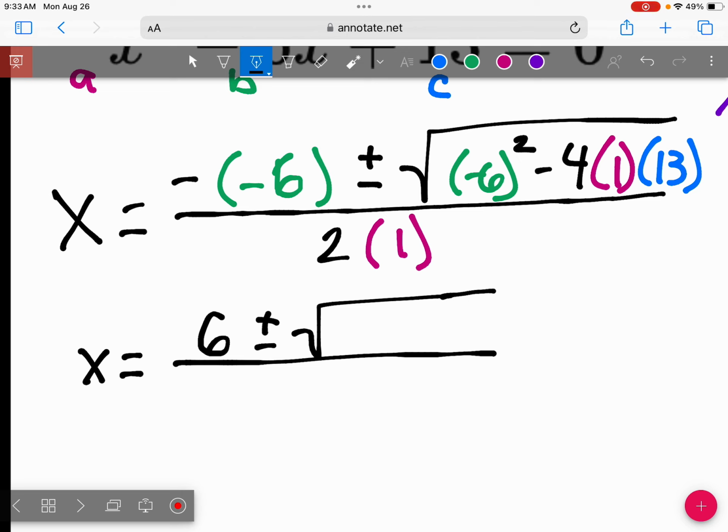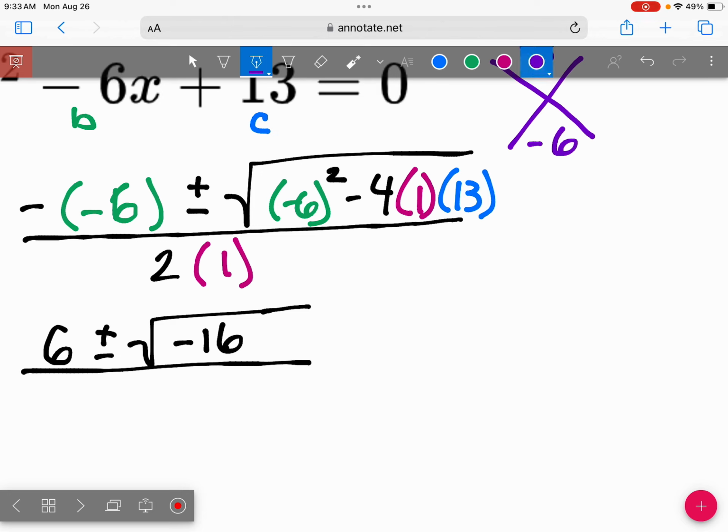I heard many choices there. Negative 16 should be where we landed. If you did not just get negative 16 on your first try, I recommend doing it in 2 steps. Do your b squared and your 4ac and then subtract them. We would get 36 minus 52, giving us negative 16.